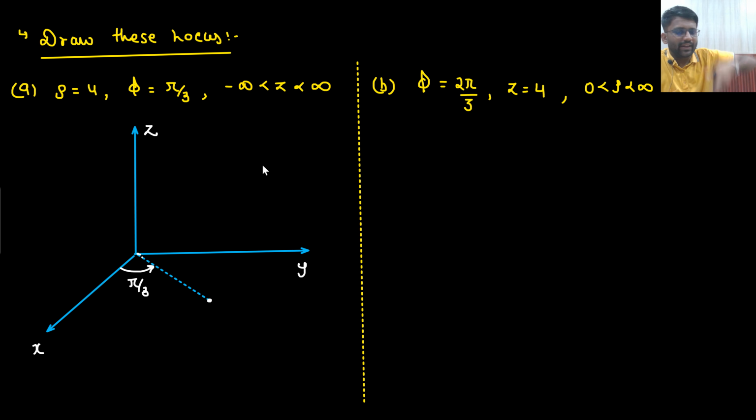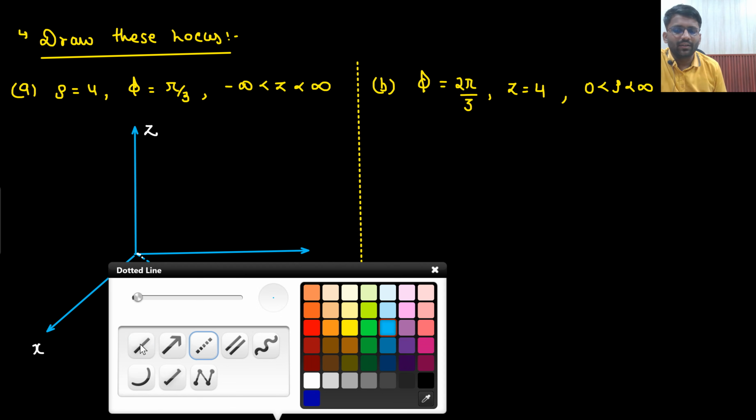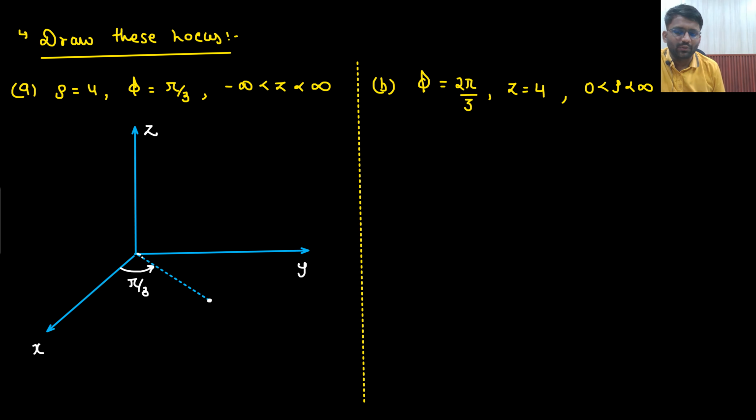And z is varying from minus infinity to infinity. So you are at this point, this distance is 4 only. But now z is varying from minus infinity to infinity, so z can take any value.